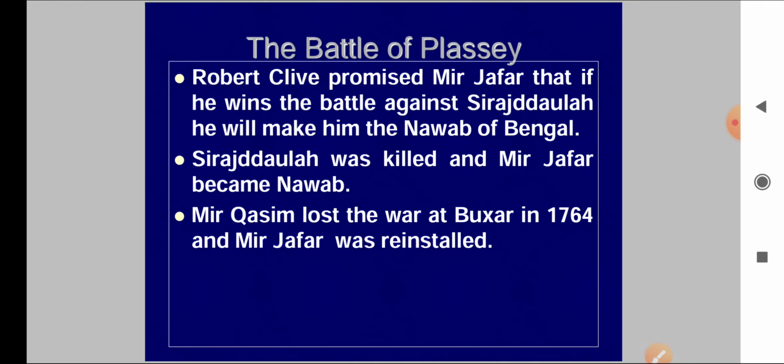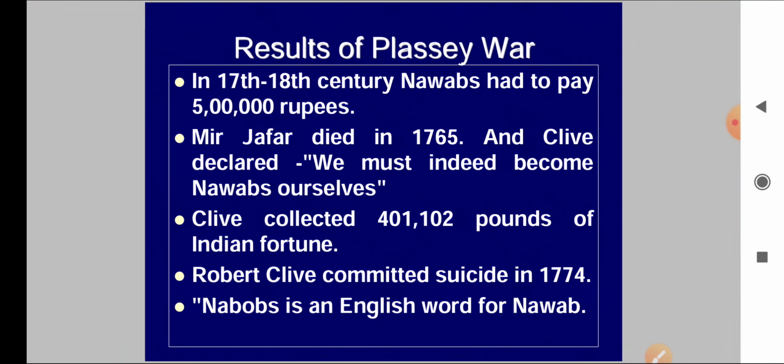Then the Awadh region and the Mughal Emperor also came under the clutches of Britishers. They signed the Treaty of Allahabad in 1765, by which company members got many rights, especially the Diwani right was given to Britishers.